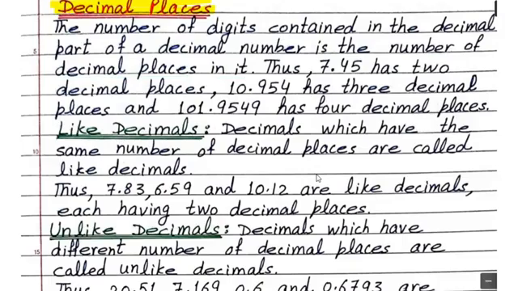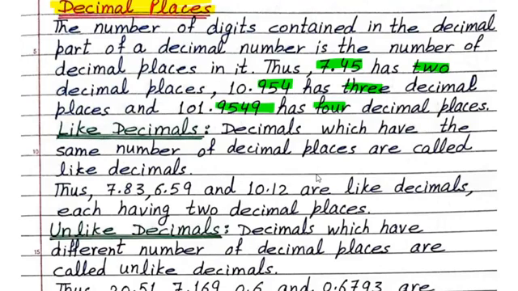For example, children, 7.45 has 2 decimal places, right? Then 10.954 has 3 decimal places. 101.9549 has 4 decimal places.